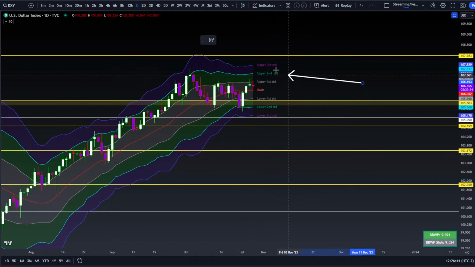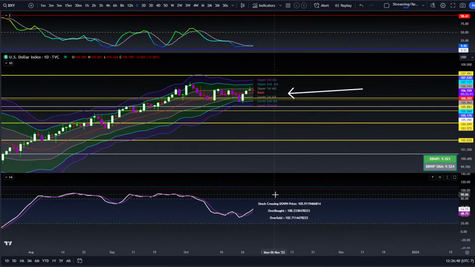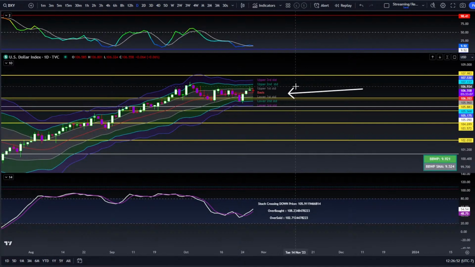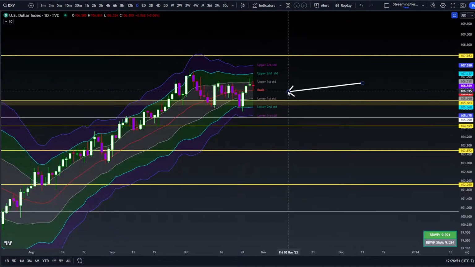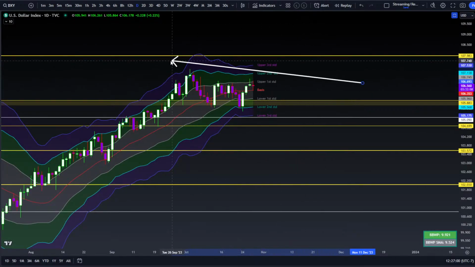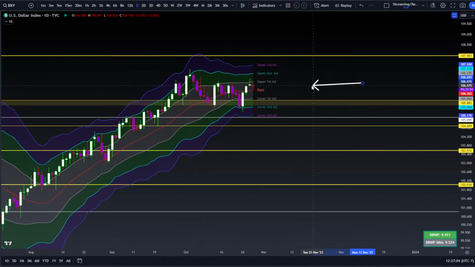If it hangs out above this support area, we're looking at the daily continuing with upside above 105.91. And if we start to see it cracking back above the highs here, especially that upper second standard deviation, we'll just call it the highs. If we see it above the highs at 107.34, it's going for 108 and possibly more.